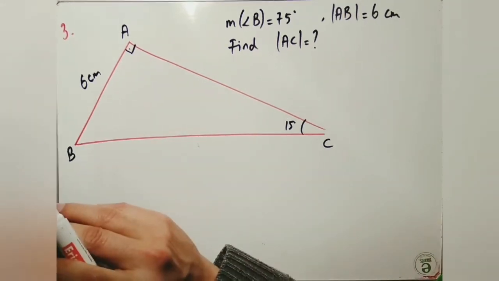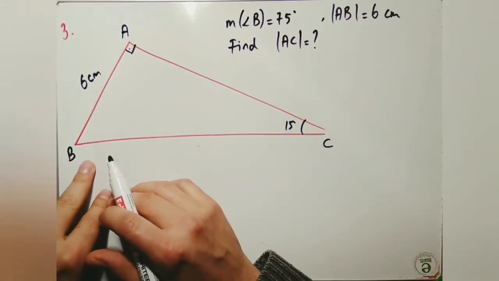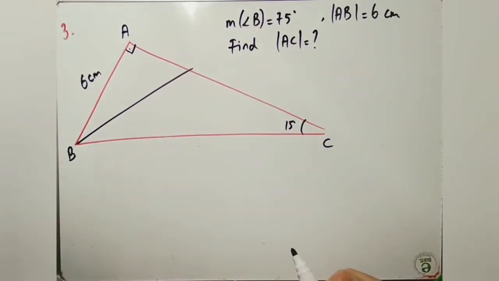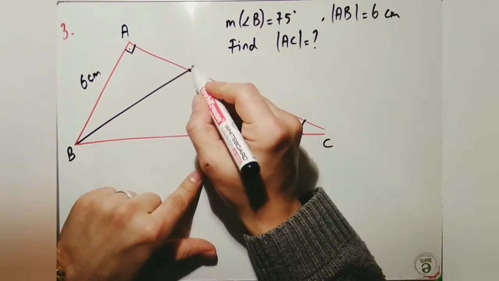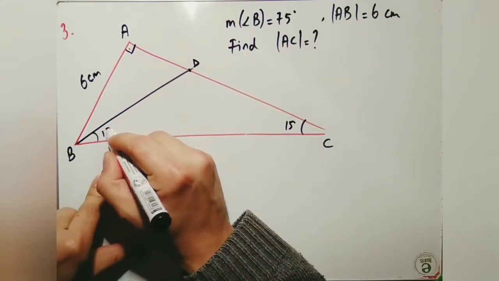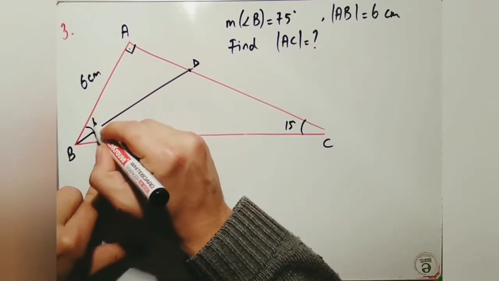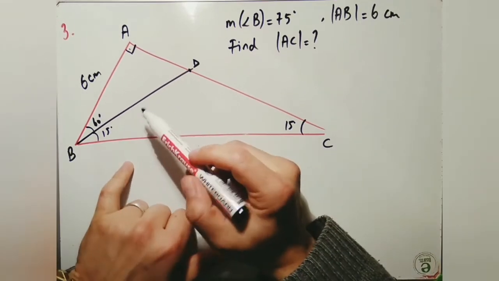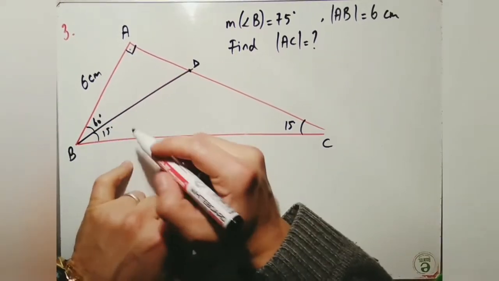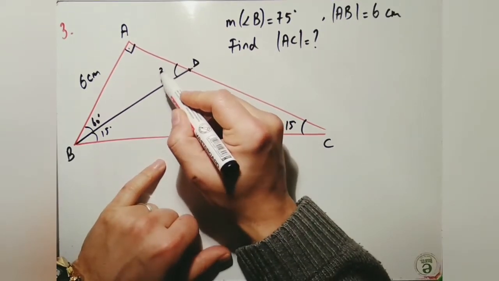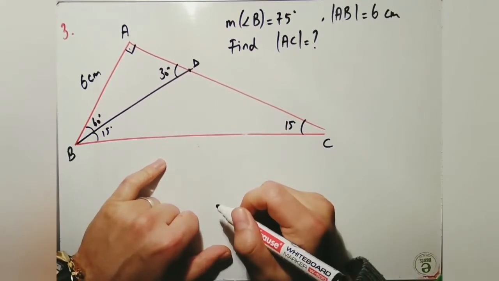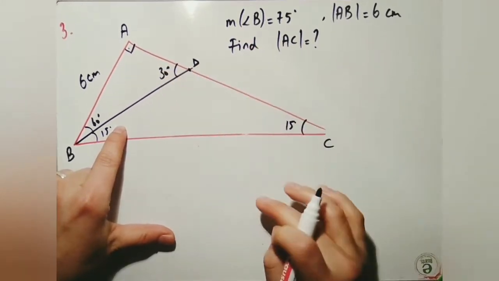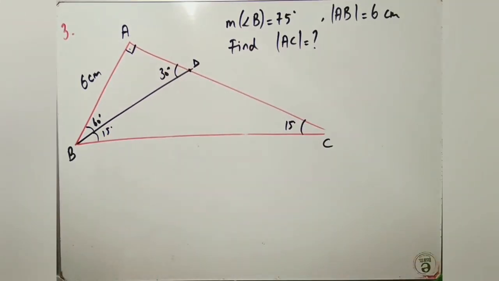So I have to draw a line to side AC, and this line intersects side AC at point D. It's 15 degrees, so it should be 60 degrees. And the sum of the interior angles of a triangle is 180, so here it must be 30. Or the sum of two interior angles will give us one exterior remote angle.